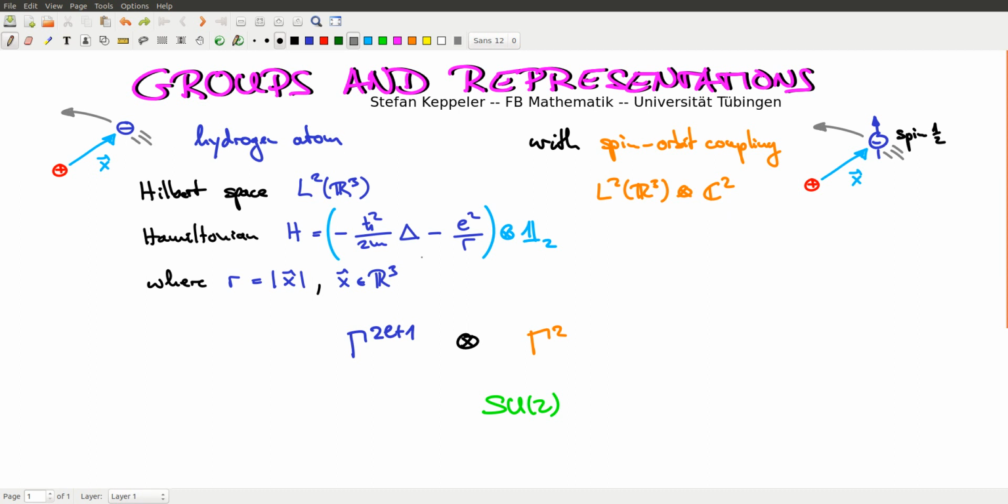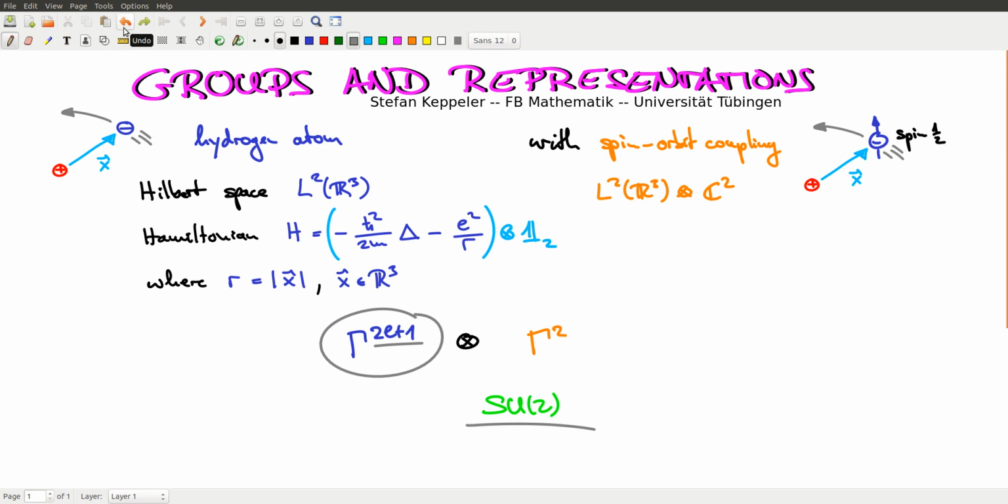We know that the eigenvalues of this Hamiltonian here are degenerate, and the eigenspaces carry irreps of SU2, irreps with dimensions 2L plus 1. Actually the degeneracy was a bit higher, but we come back to that in a minute.